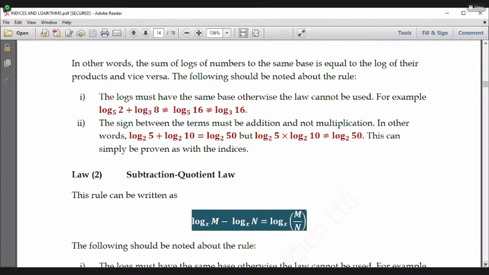The other one, addition, is adding logs of the same base, different numbers, the same as log of the product. This is subtracting logs of the same base, different numbers, the same as log of the quotient.